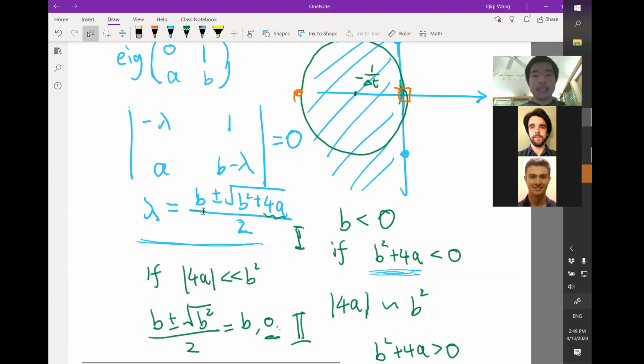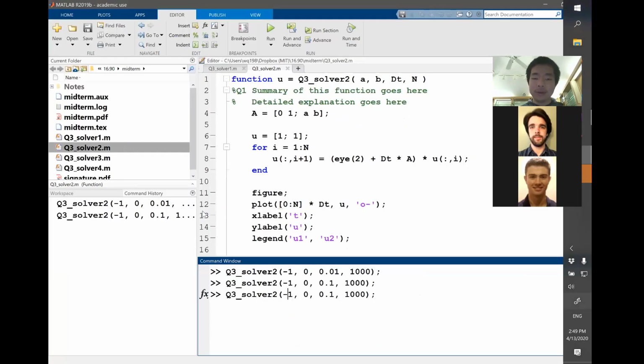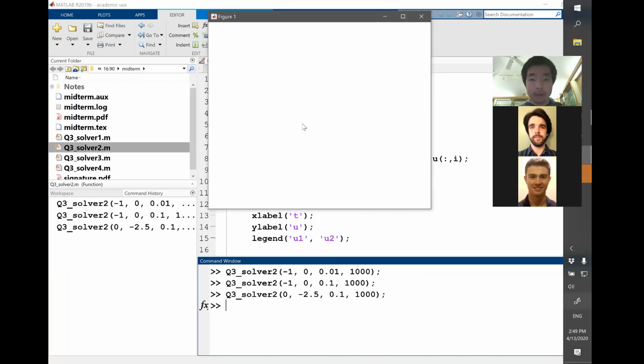Then you choose a B that is more negative than -2, right? So in this case, if I choose A equal to 0, B equal to -2.5, okay? And forward Euler is again going to blow up.